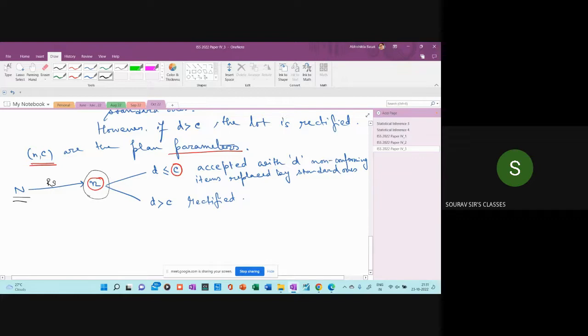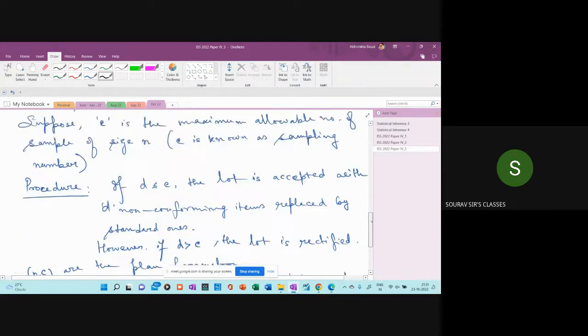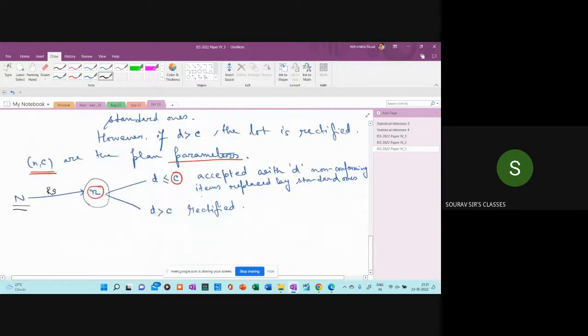And what will be this C? C actually looks like a cutoff, where C is known as the sampling number. We have written this already, still I am writing. C is my sampling number, which works as a cutoff. Cutoff means, with a lot of this size, how many defectives I can allow.